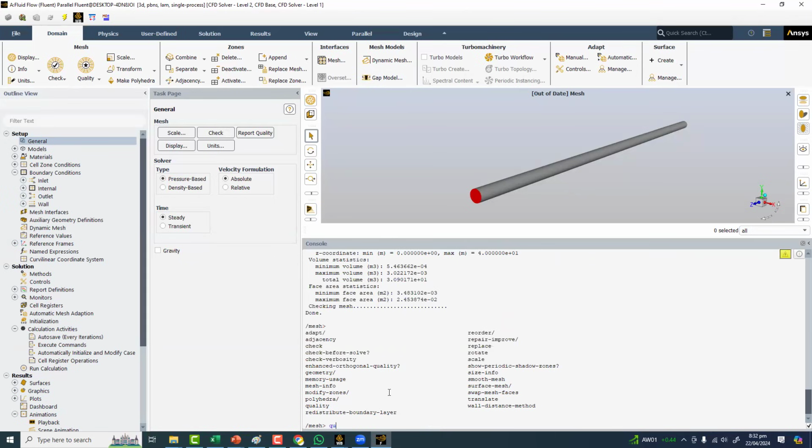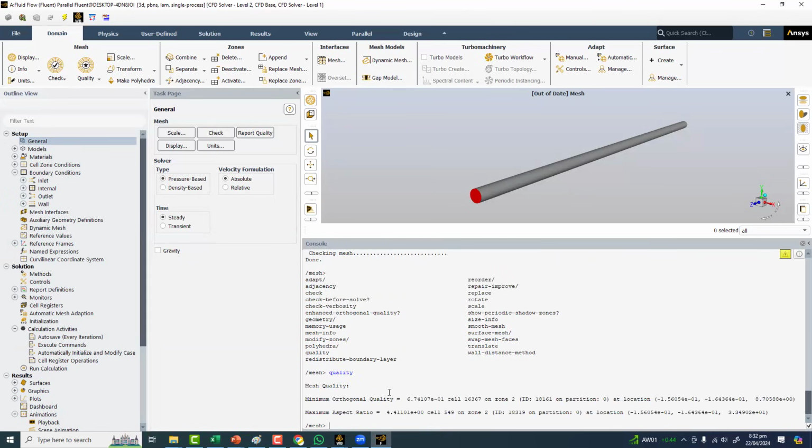You can also do the same thing from the text menu. Okay, so we have the mesh quality, and I'm looking for some command that can give us more information. Let me check it. Just 1 minute.